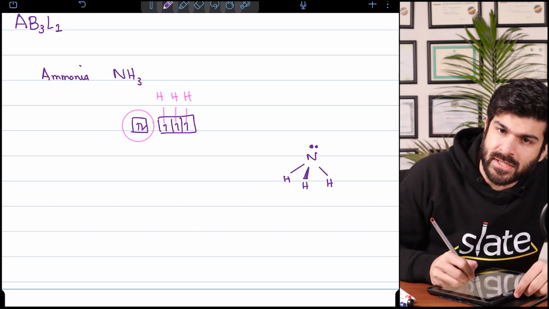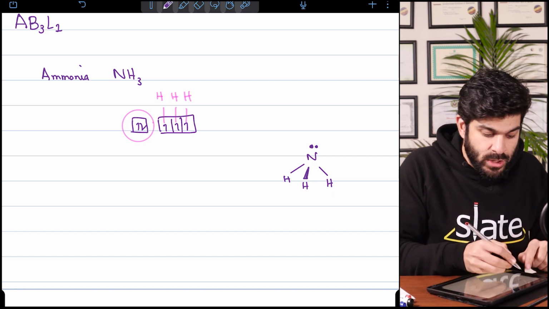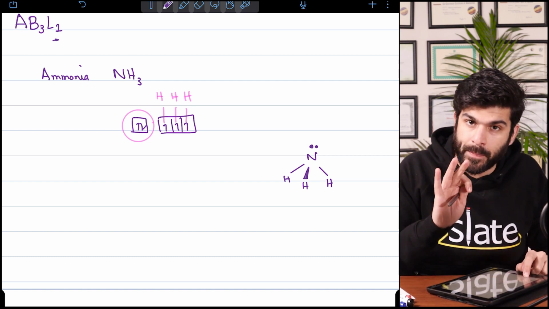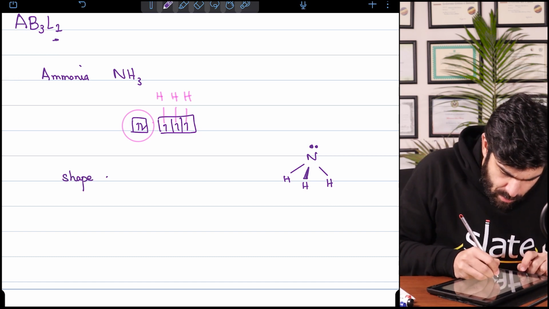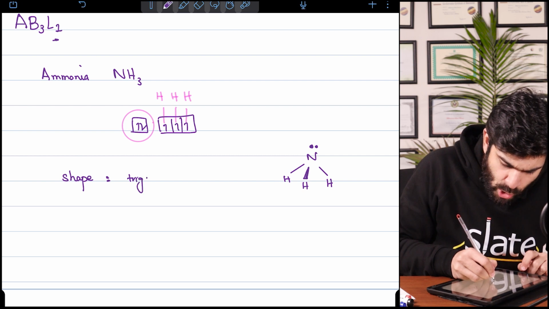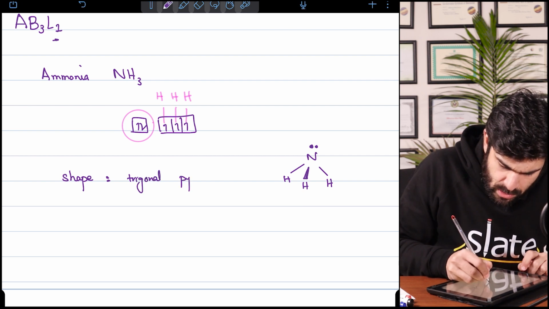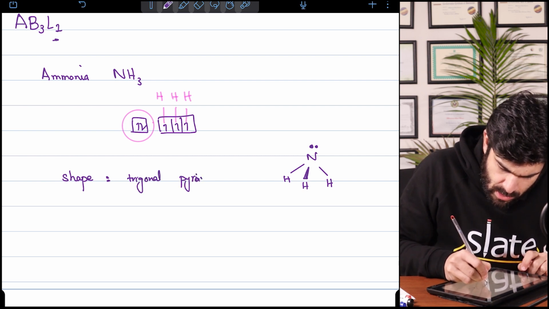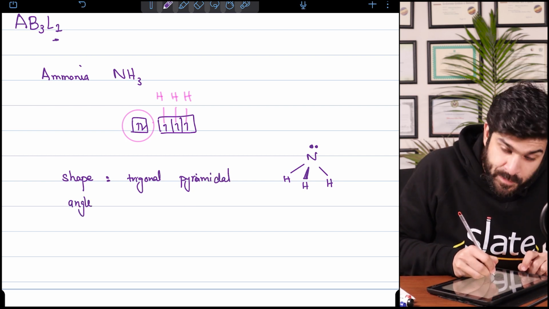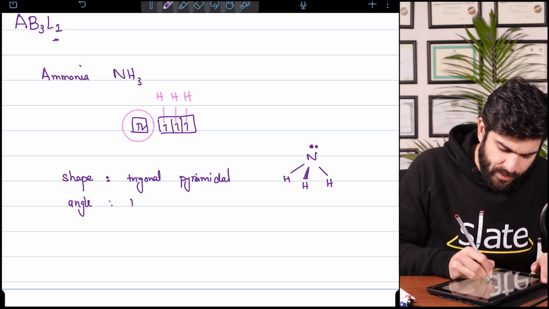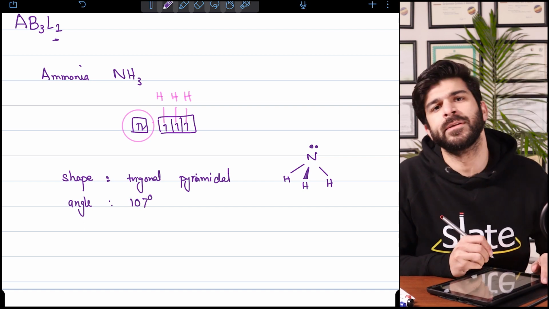So the shape is, because there is 1 lone pair, 3 bond pairs, trigonal pyramidal. And the angle, it was previously 109. Now it would be reduced to 107 degree.